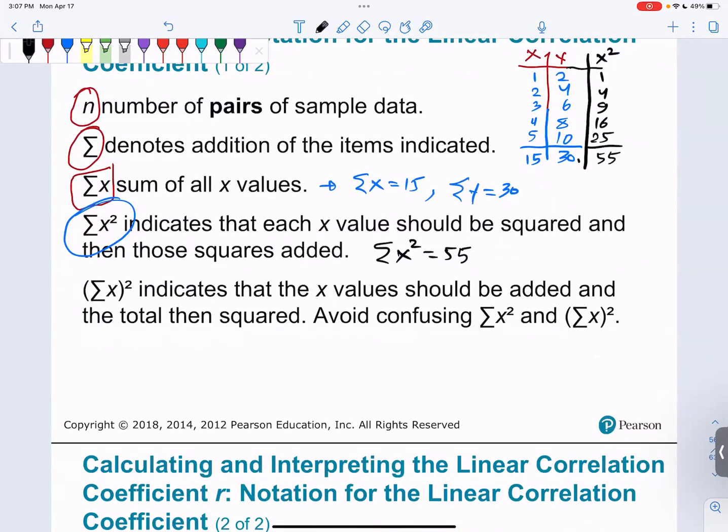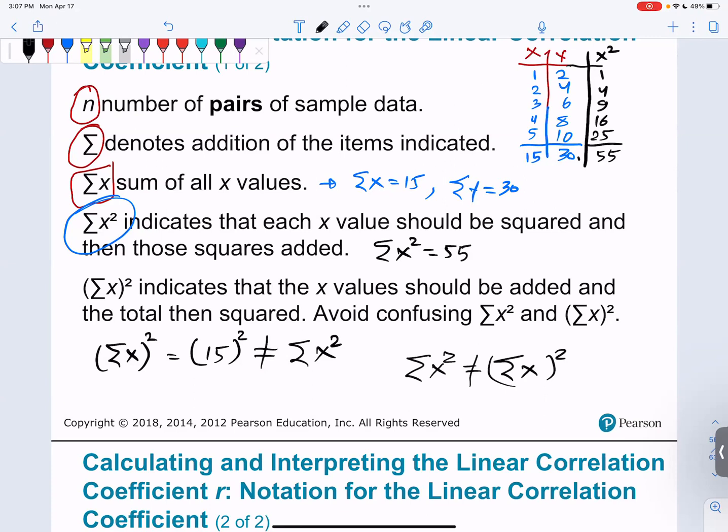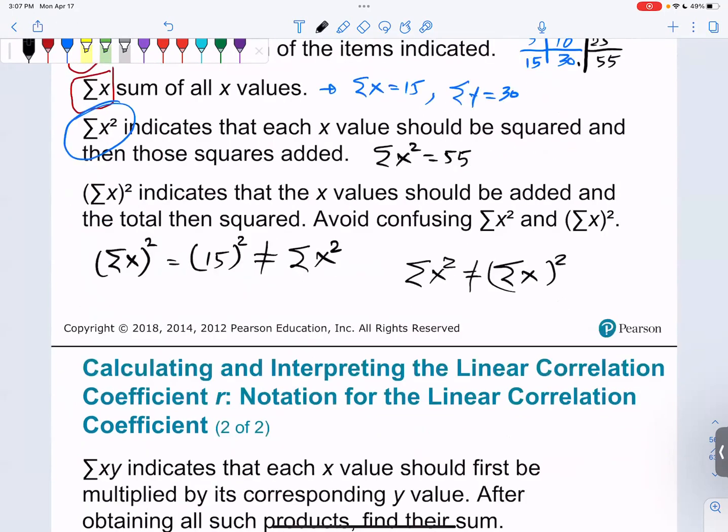Remember, summation of X square is not equal to 15 square. So summation X square is not equal to summation X, all squared. Those are totally different values.